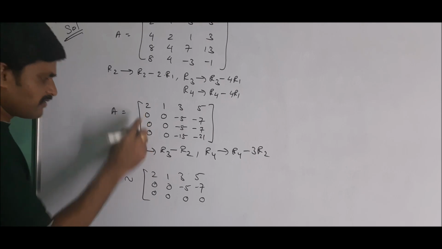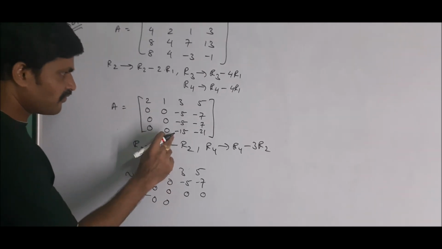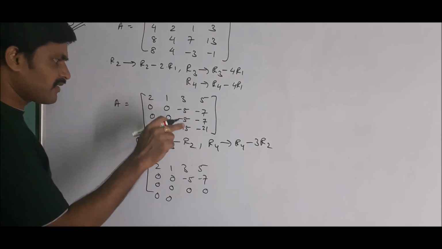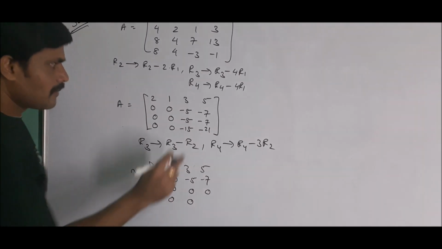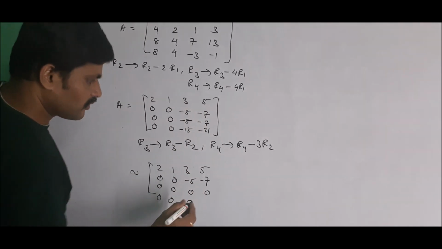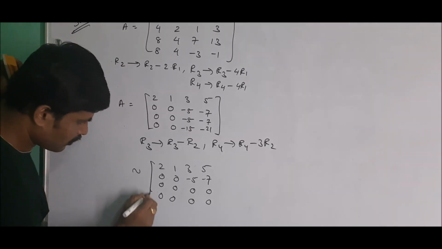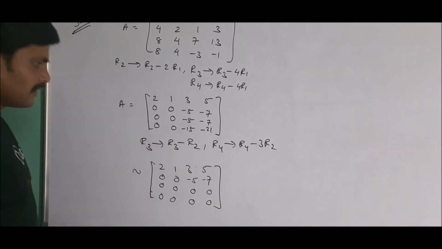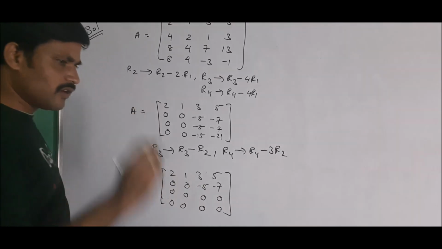Fourth row: 0 minus 0, 0; 0 minus 0, 0; minus 15 minus 3 into minus 5, plus 15, this is also 0; minus 21 minus 3 into minus 7, plus 21. So minus 21 plus 21 cancel. This is also 0. So we observe that in the elementary matrix, the last two rows are zeros.